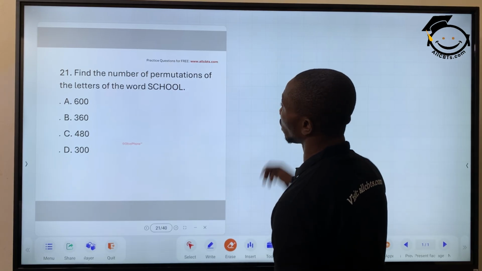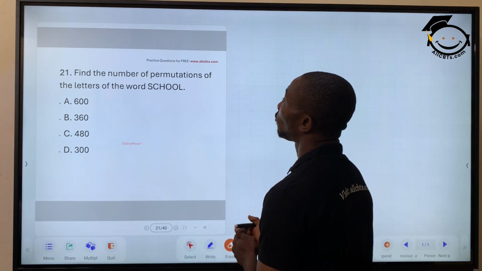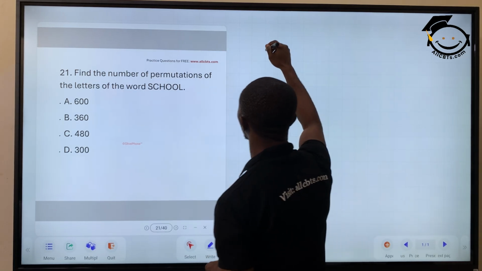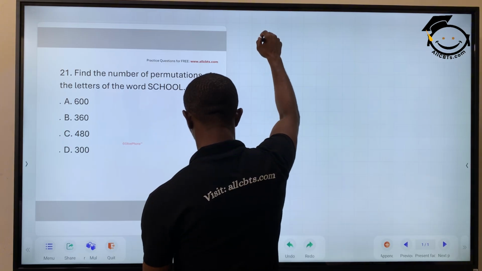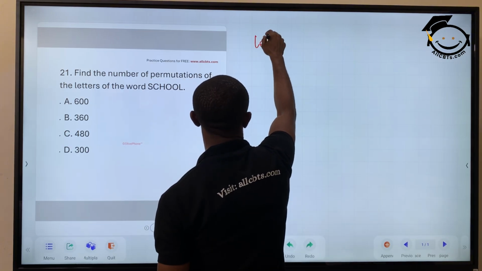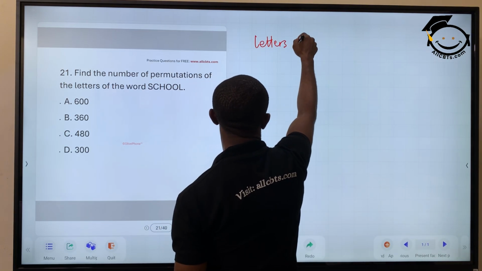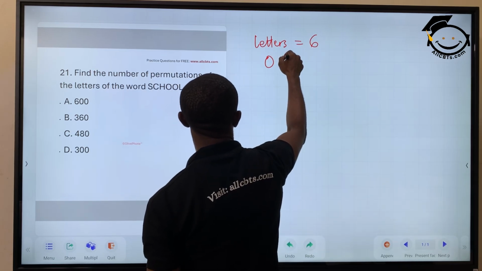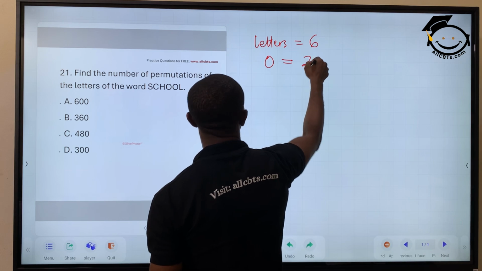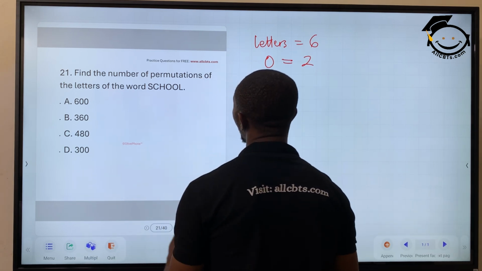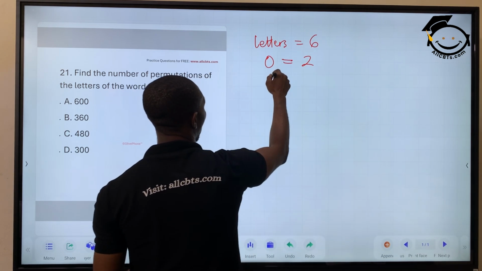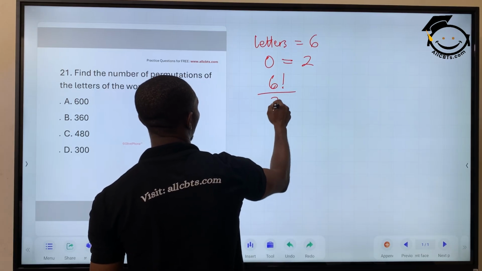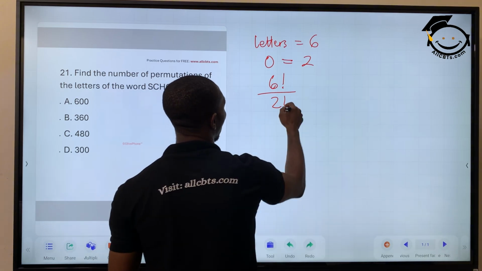Okay, our next question says, find the number of permutations of the letters of the word school. Now, for school, the total number of letters we have is 6, and the letter O appeared twice. So for permutation, we have a total number of 6 factorial all over 2 factorial.